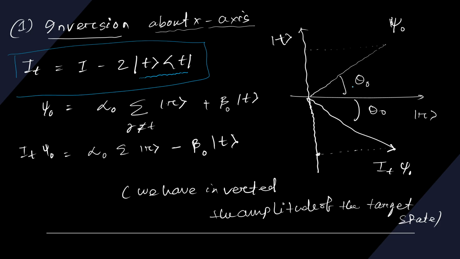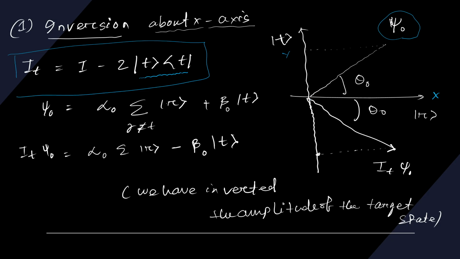And what does it involve? Inversion means, we know that this is the x-axis, this is the y-axis, this is the remaining state and this is the target state, and psi naught, our superposition state, is going in between the t and r. So we are taking the inversion of psi naught about the x-axis.